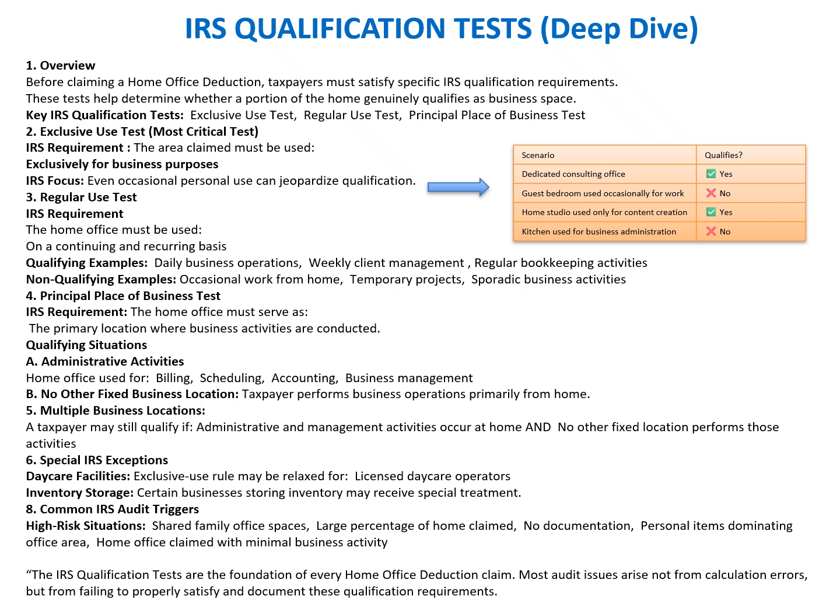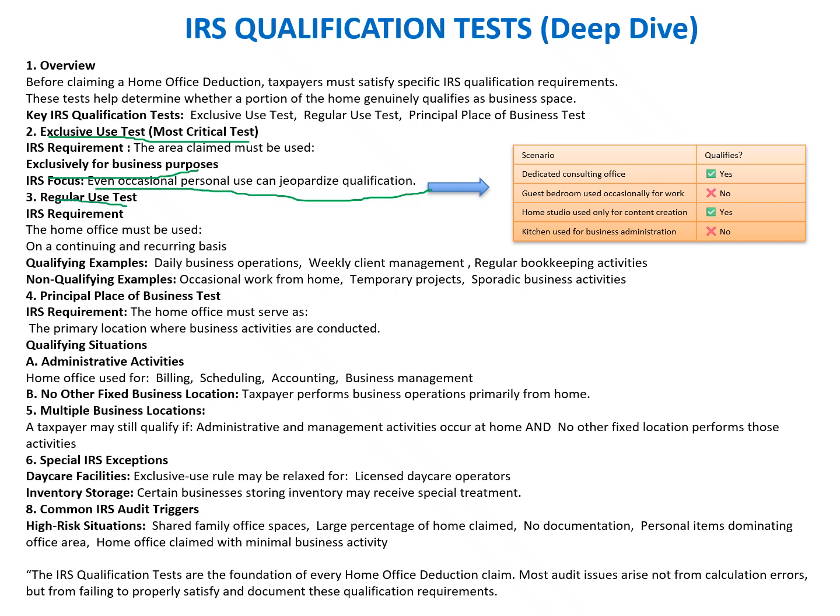First is the exclusive use test, which is the most critical test: the space must be used exclusively for business purposes. The IRS focuses on this because even occasional personal use can jeopardize the qualification. A dedicated consulting office qualifies: yes. A guest bedroom used occasionally for work: no. A home studio used only for content creation: yes. A kitchen used for business administration: no.